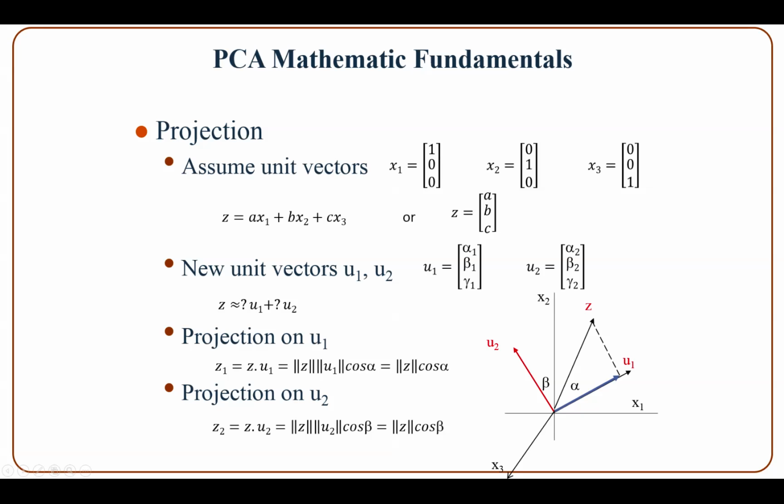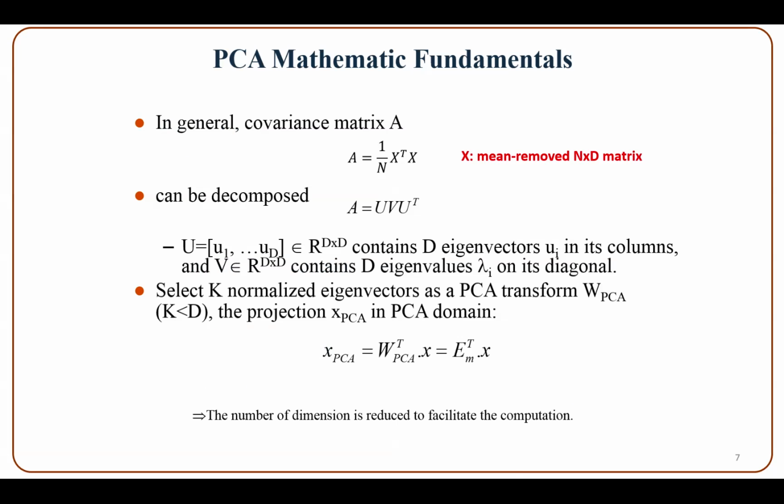which is beta. In general, a covariance matrix can be decomposed into eigenvectors and eigenvalues. The matrix U contains eigenvectors on the columns, and the matrix V contains eigenvalues on the diagonal.